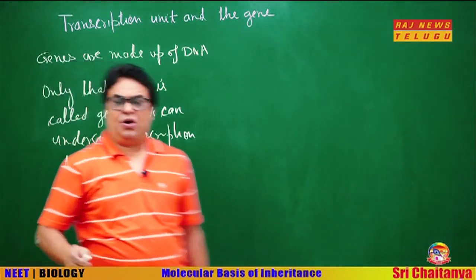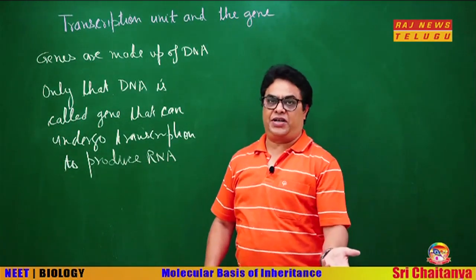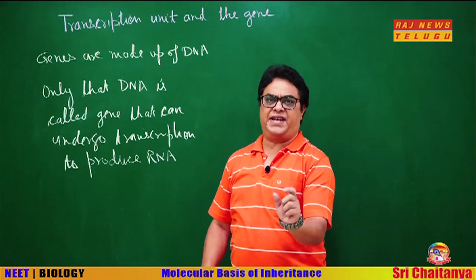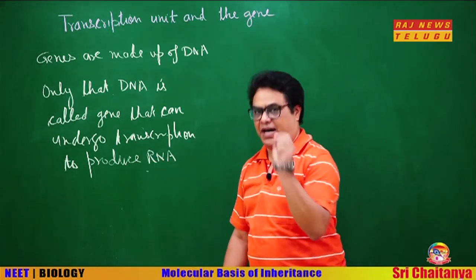It means all genes are DNA, but all DNA are not genes. Only that portion of DNA is gene that can undergo transcription to produce RNA.